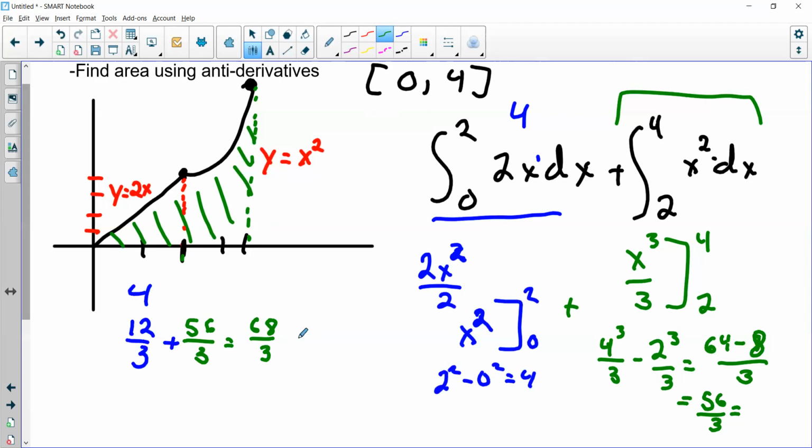Can that be simplified? No, it's not clean, so you could leave it as 68 over 3. You're just doing 2 antiderivatives. Basically, you're doing however many antiderivatives you split it up into.